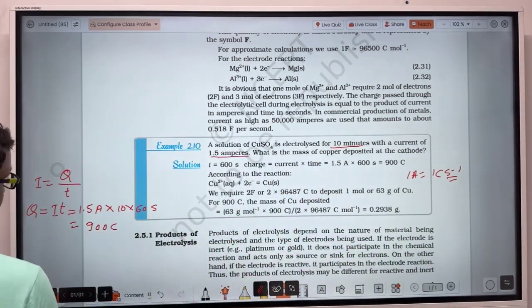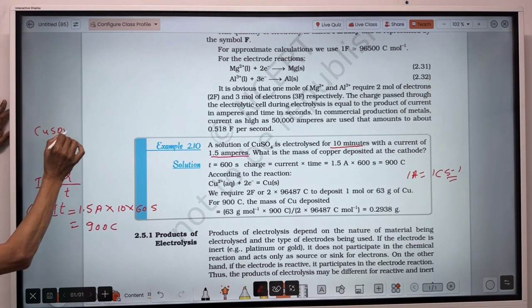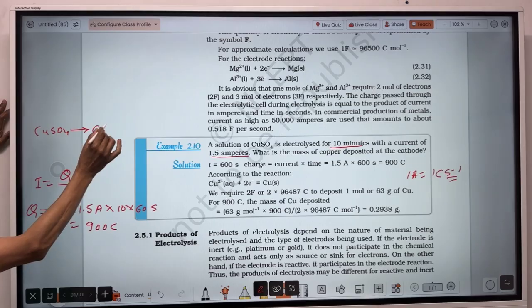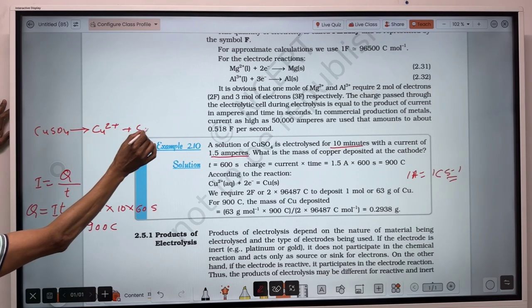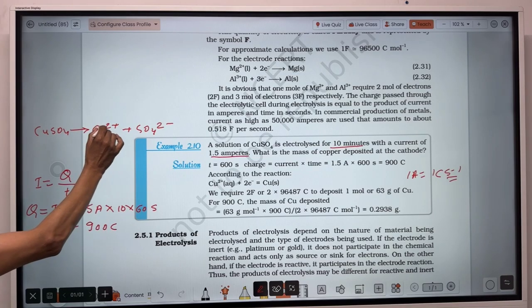Now let's see CuSO4. That will dissociate into Cu2+ and SO4 2-. The charge here is 2+.